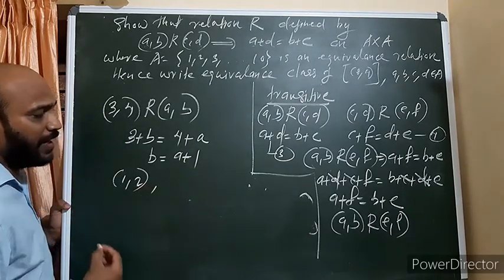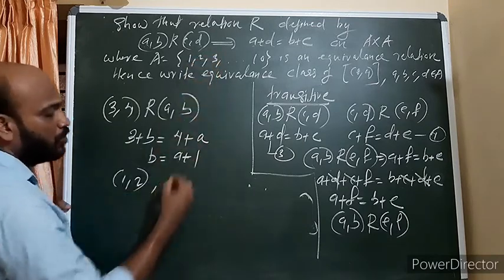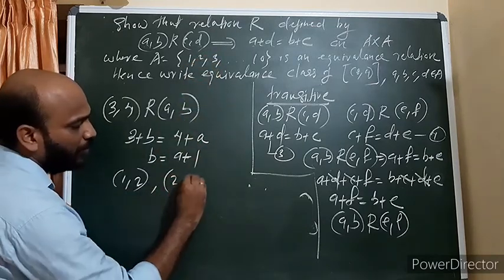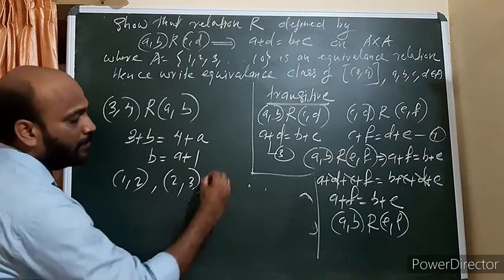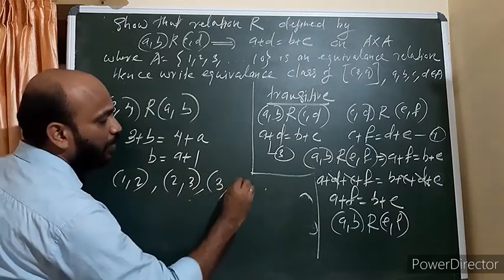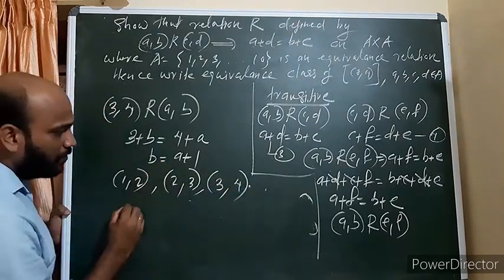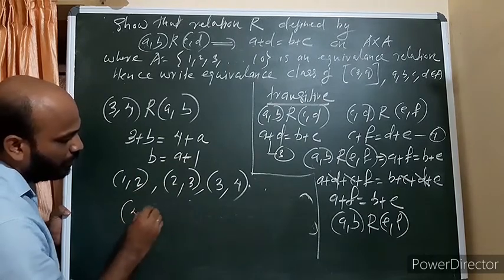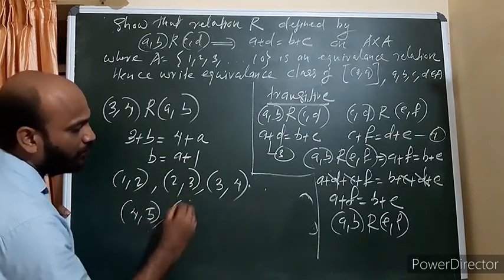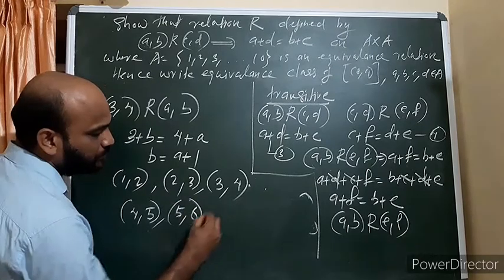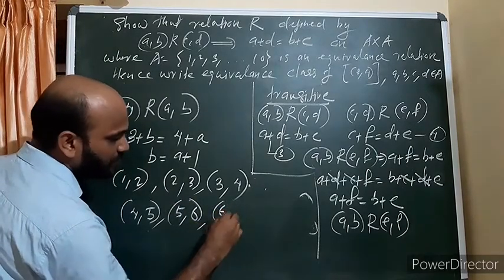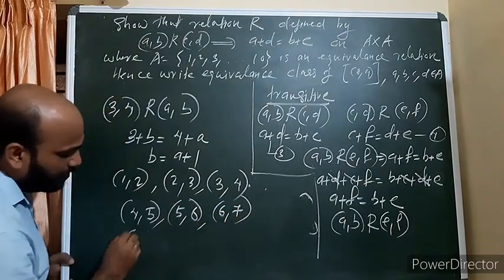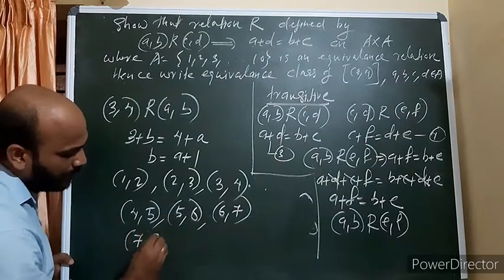In the same way you can find the second element. Take a equal to 2, then b equals 3. When a equals 3, b equals 4. When a equals 4, b equals 5. a equals 5, b is 6. a equals 6, b is 7. When a equals 7, b is 8.